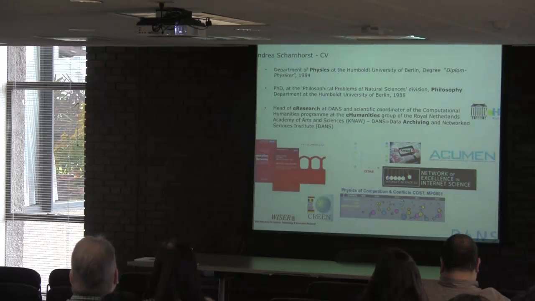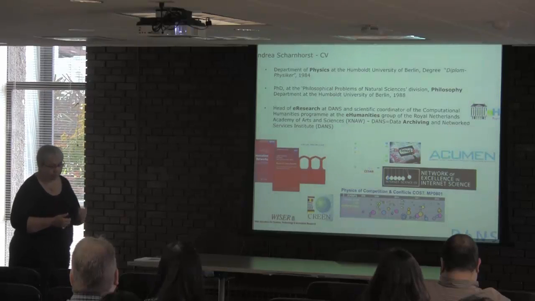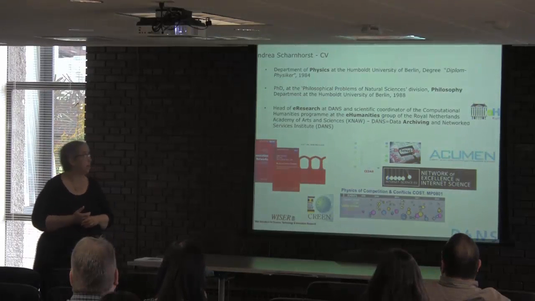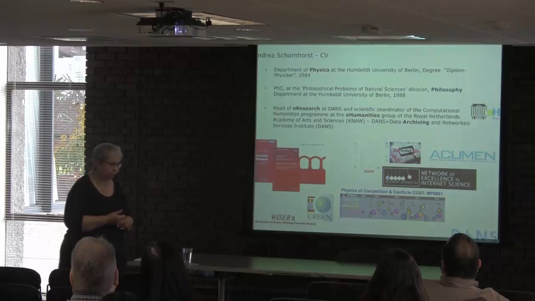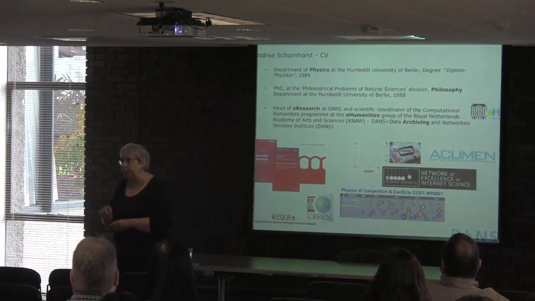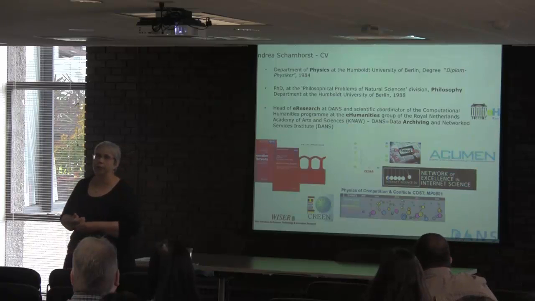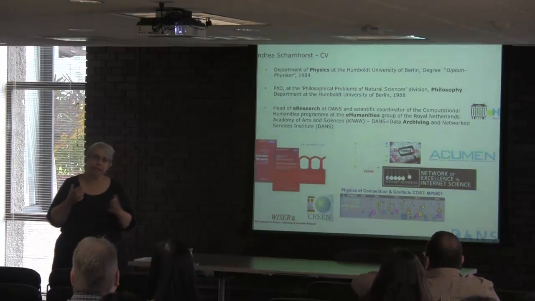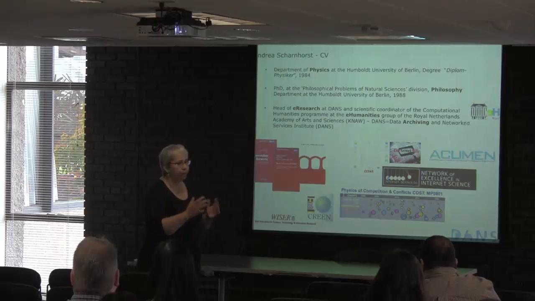Now, I started to study physics at the Humboldt University in Berlin, and I kept on being a physicist until my diploma degree, which is a kind of master equivalent, 5-year study. But then for the PhD, I switched to the philosophy of science department, and I was actually still doing kind of physics, math stuff.